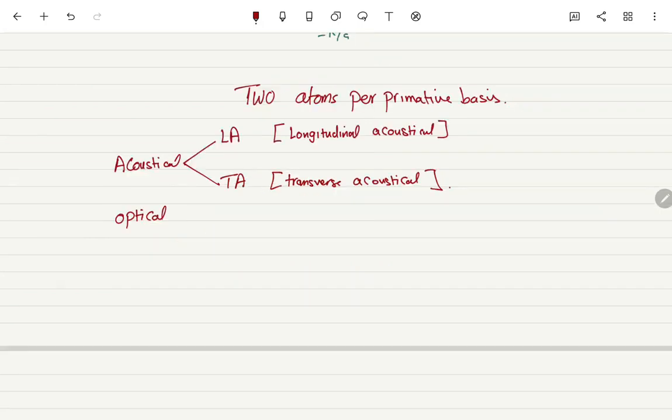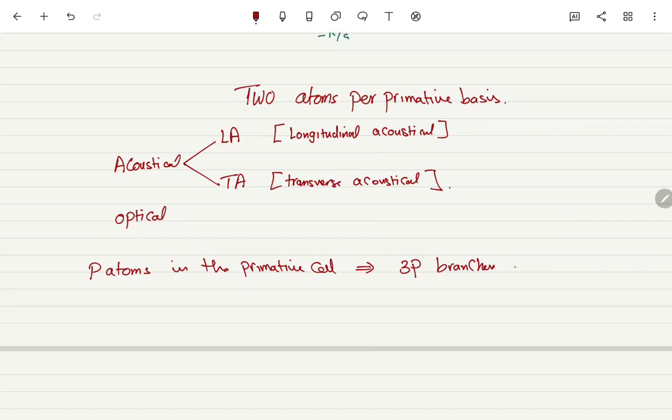Now, if we have p atoms in the primitive cell, therefore we will get 3p branches develop.